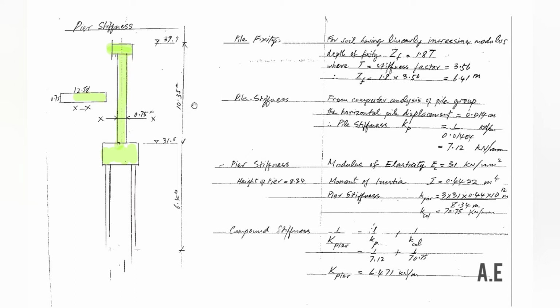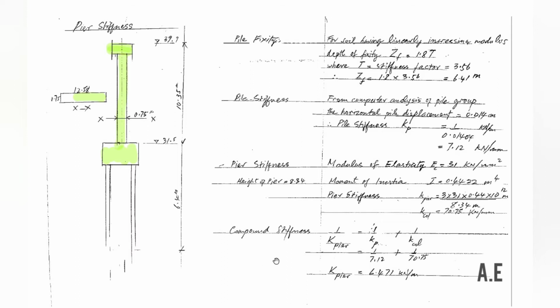Similarly, we need to calculate the compound stiffness of the pier using the same steps we did for the abutment. First, we have to calculate the pile group stiffness. Here we have the value of the pile stiffness to be 7.12 kilonewton per millimeter. Next, we calculate the pier stiffness, and based on this calculation, we have the pier or column stiffness to be 70.75 kilonewton per millimeter.